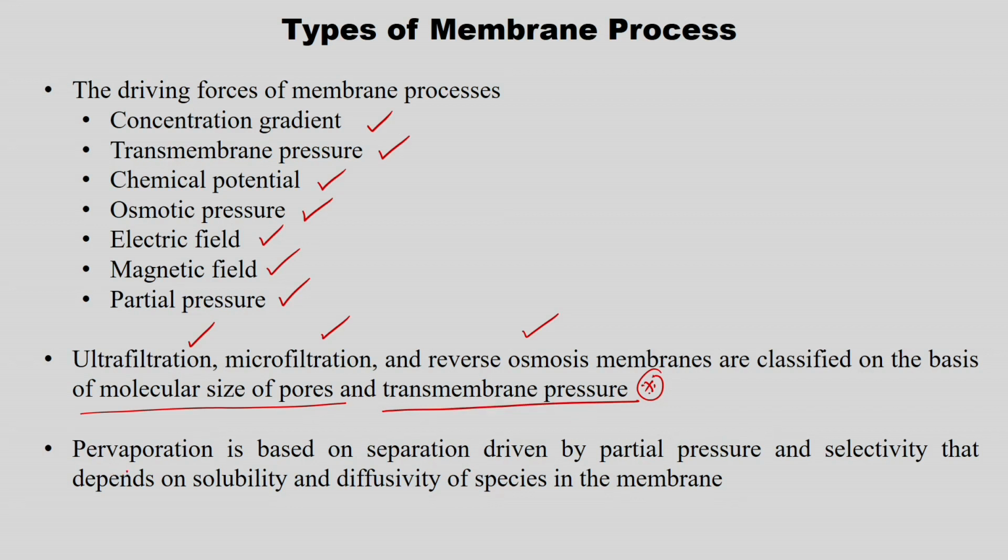But if we see the pervaporation technique, it is based on separation driven by the partial pressure. So, the selectivity depends upon the solubility as well as diffusivity of the species in the membrane.